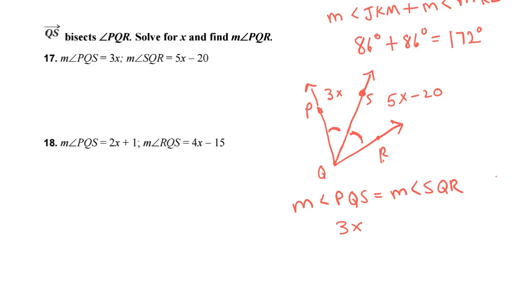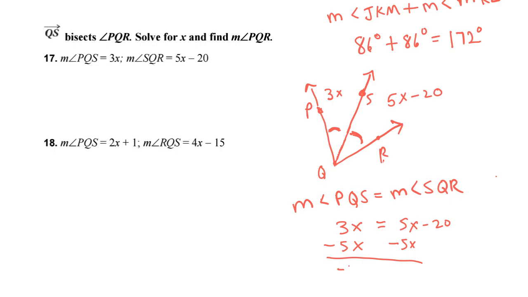So we have 3x equals 5x minus 20. Since QS is a bisector, these markings tell us it's going to be the same measurement, or the angles are congruent. I'm going to go ahead and subtract 5x from both sides.